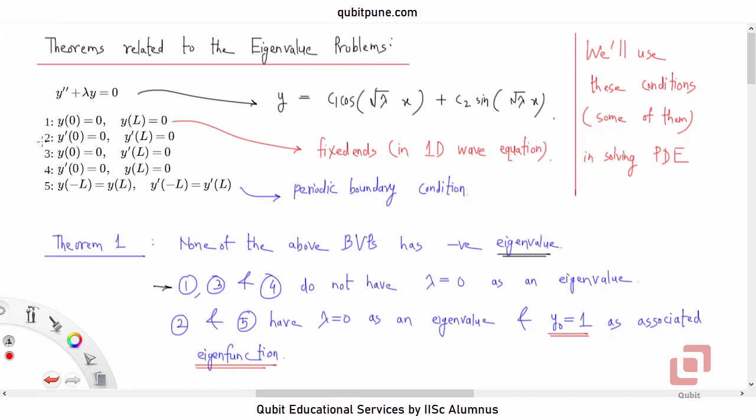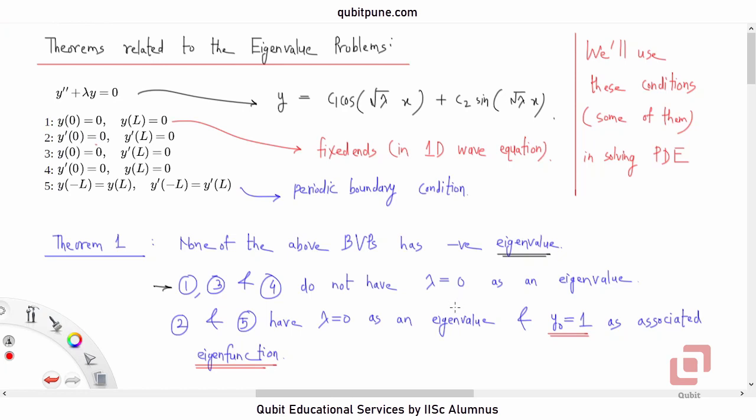Conditions 2 and 5, both derivatives 0 and the periodic boundary conditions, have lambda equal to 0 as an eigenvalue and the corresponding eigenfunction is a constant function equal to 1, and 1, 3 and 4 don't have lambda equal to 0 as an eigenvalue.